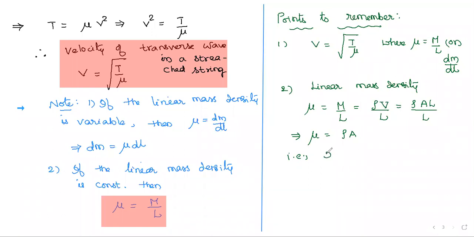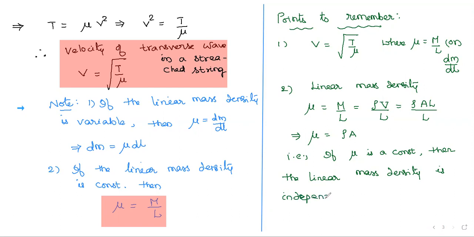So if mu is a constant, linear mass density is a constant, then is it dependent or independent of length? Independent of length.